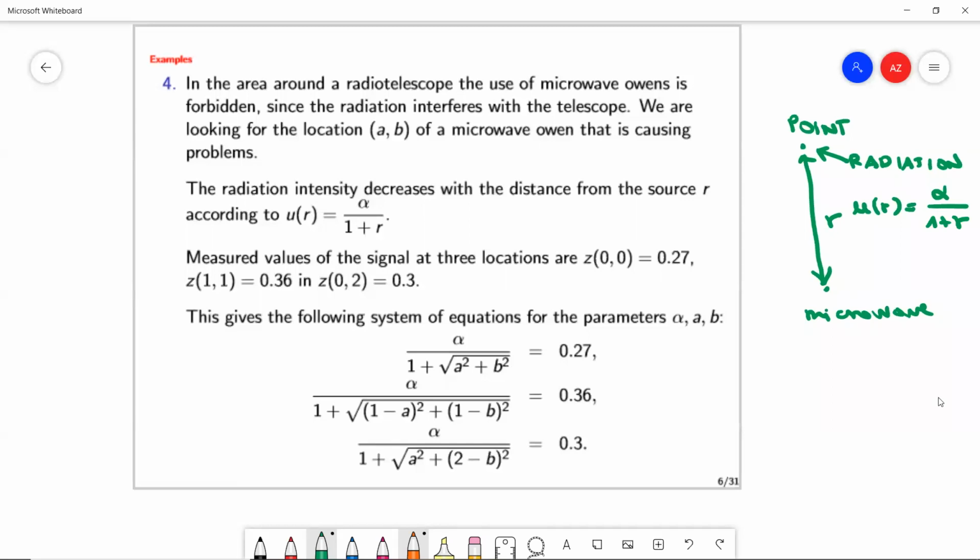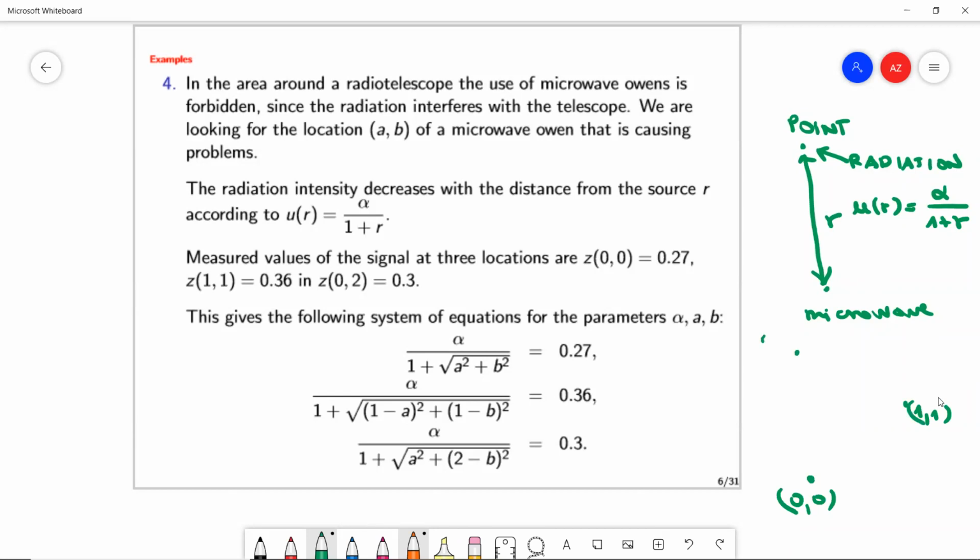And then here we have three data. We don't know where the microwave is positioned, but we measured the distance. We measured the radiation at three different locations. So let's say that we have (0, 0), then we have (1, 1), and we have (0, 2).